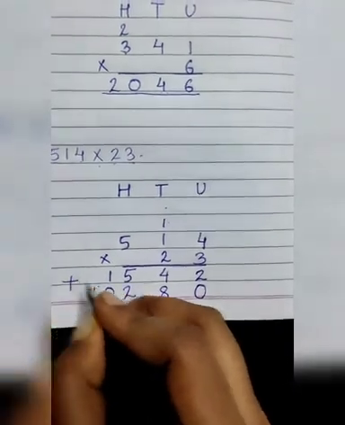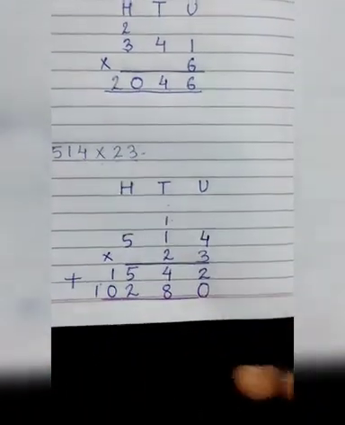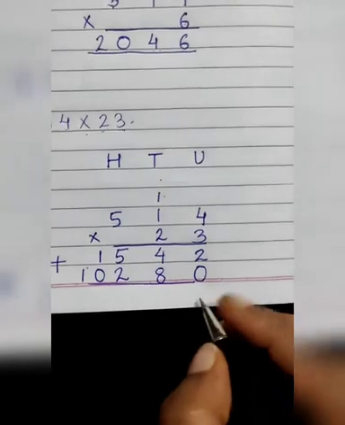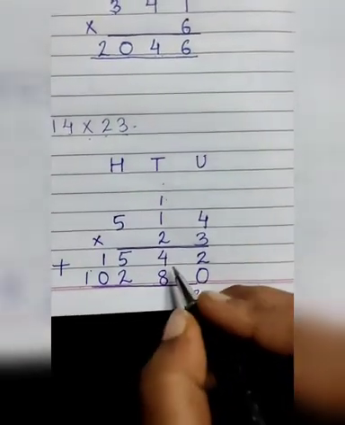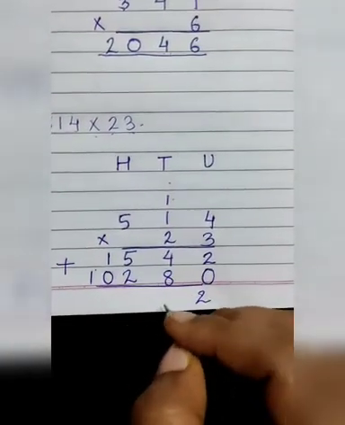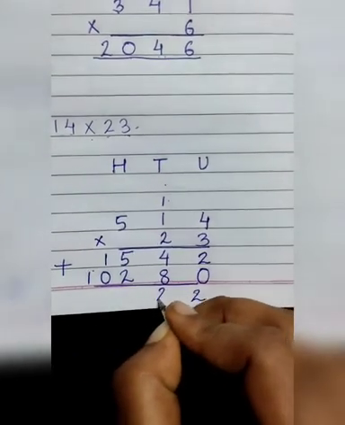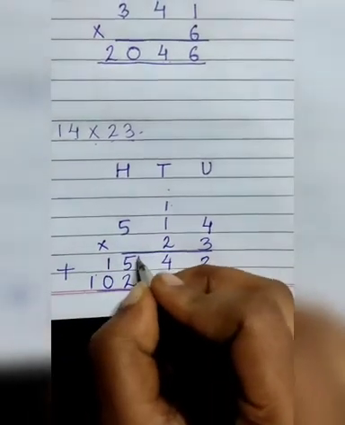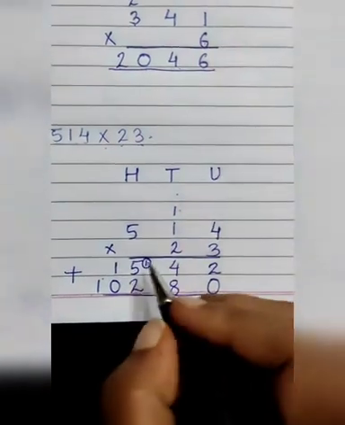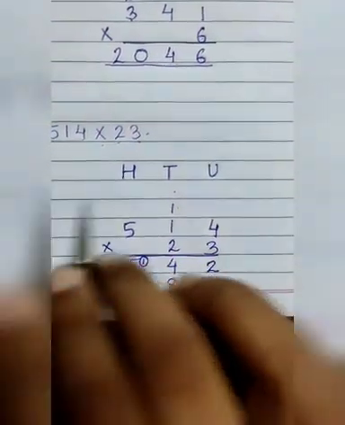Now we are going to add both these numbers. So 2 plus 0 will be 2. 4 plus 8 will be 12. So 2 we are going to write down and 1 we will be carrying here. Do not carry this 1 over here, that will be wrong.